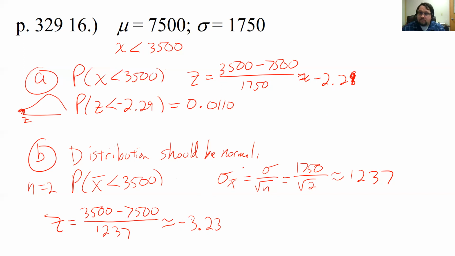The question is, what's the probability Z is less than negative 3.23? Looking at my table, negative 3.23, the chance is 0.0006. So a 0.06 of 1% chance that would happen on two tests for a totally normal human being.